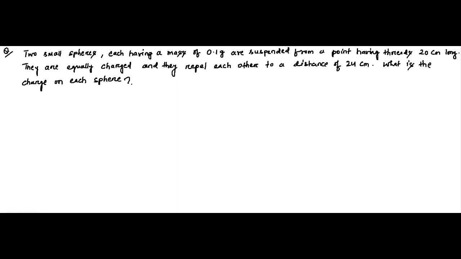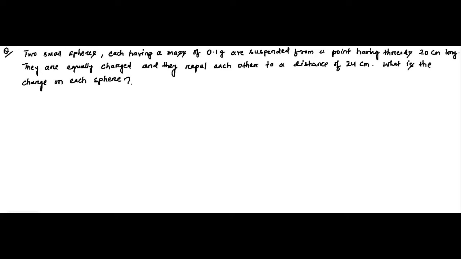Hello friends. So here we are with another question on electric charge and Coulomb's law. The question is that we have two small spheres, each having a mass of 0.1 grams, and they are suspended from a point with the help of threads of length 20 centimeter, 20 centimeter long threads.